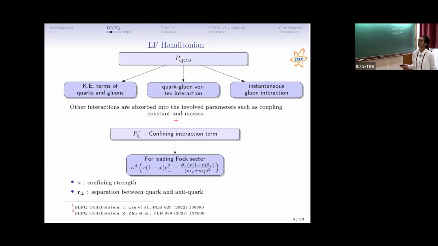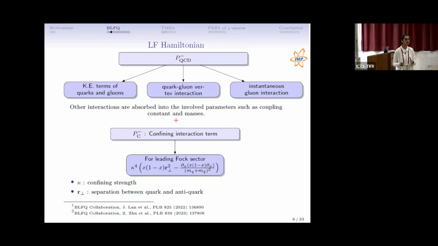Our light front Hamiltonian has three terms. The kinetic energy term of quarks and gluons, since we have gluon in the picture, so we have the kinetic energy of the gluon, and we have the quark-gluon vertex interaction and the instantaneous gluon interaction. Other interactions from the higher Fock states are just absorbed into parameters like coupling constants and masses. And another term I talked about is the confining interaction term.